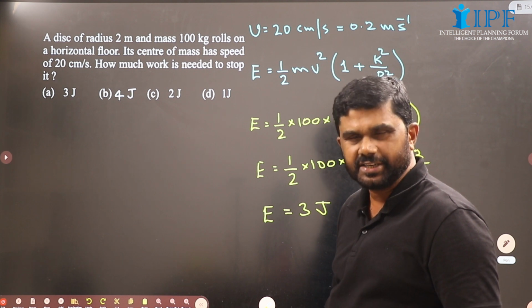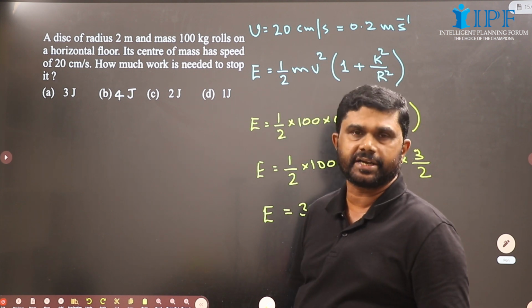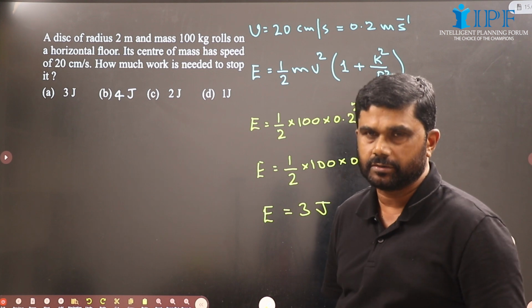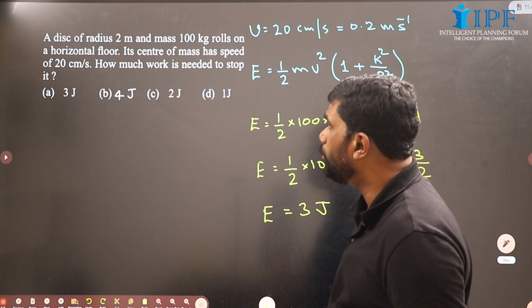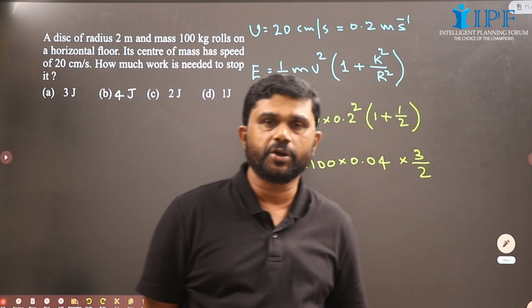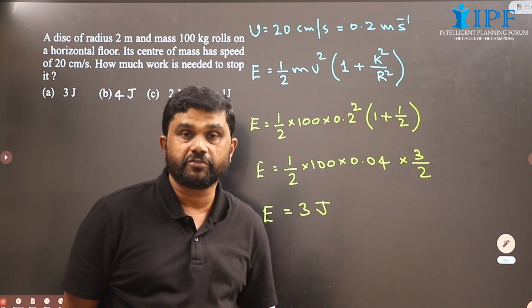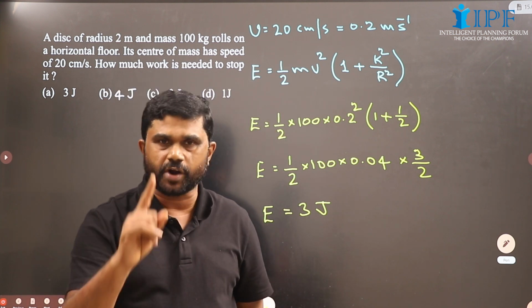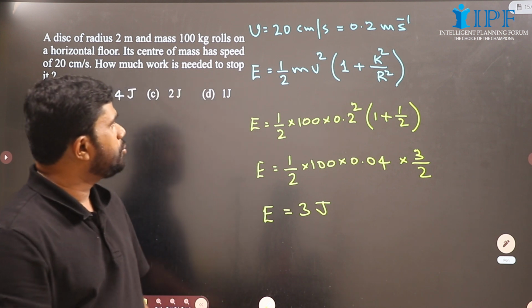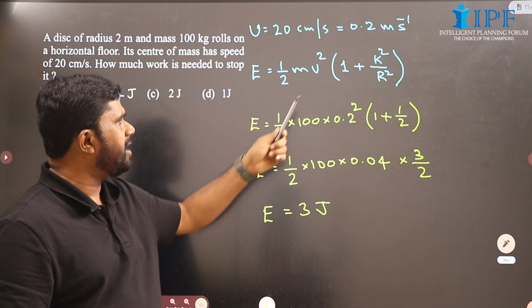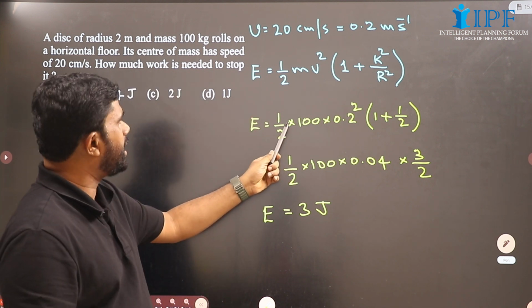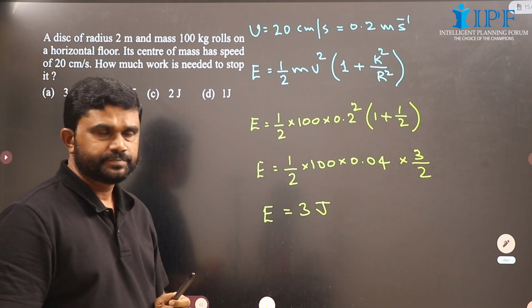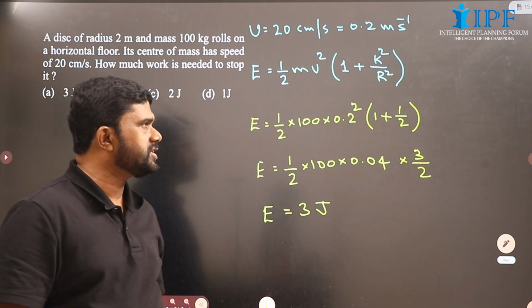So the change in kinetic energy will be equal to the initial kinetic energy and it is equal to the work done. Here the body is a disc, its moment of inertia is half mr square, so the ratio k square by r square is 1 by 2. So this is the kinetic energy, half mv square: half, mass is 100 kilogram, velocity is 0.2, and 1 plus k square by r square is 1 by 2.